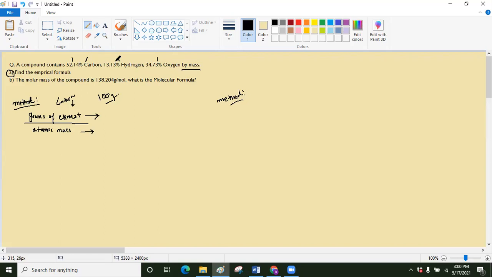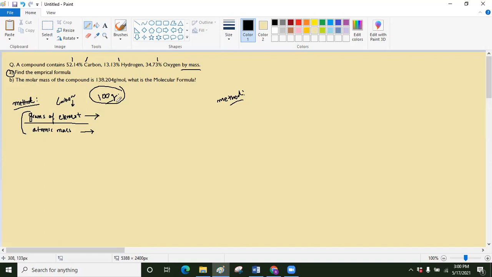And you could do the same thing with hydrogen. You could say that this is 13.13%, or 13.13 grams out of 100 grams, or do the same thing for oxygen, where this is 34.73 grams out of 100 grams. So this gives a valid unit onto carbon, which helps us plug into this formula.